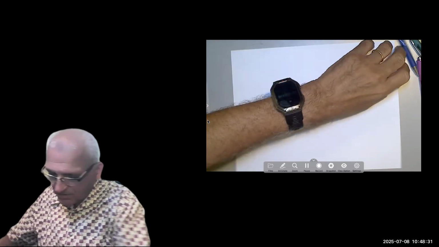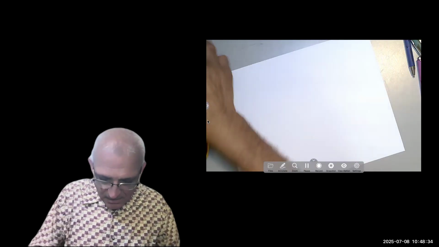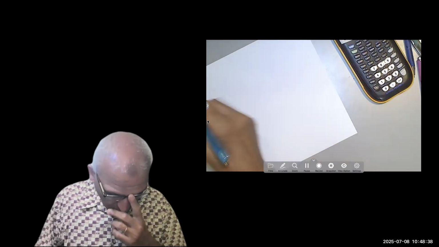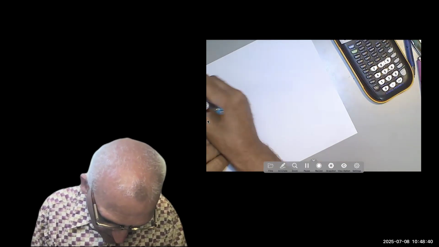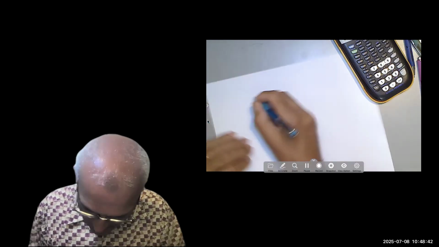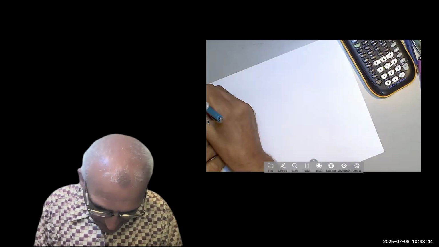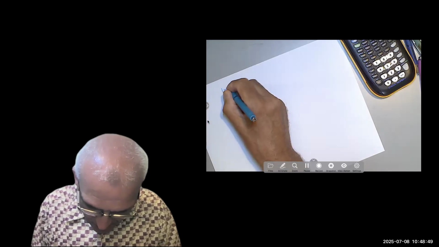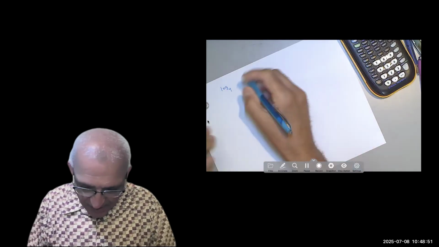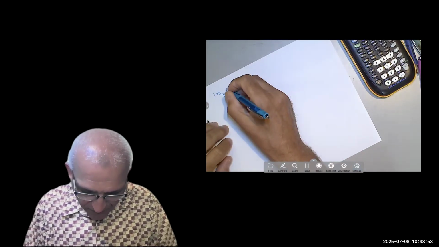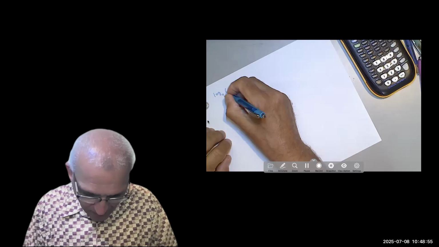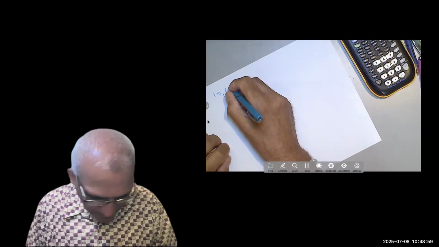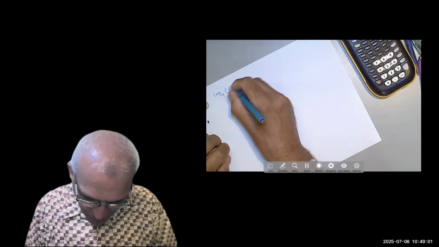Okay, so let's take this calculator. Let's say I have an example: log to any base, like to base 9, for example, of the square root of x.